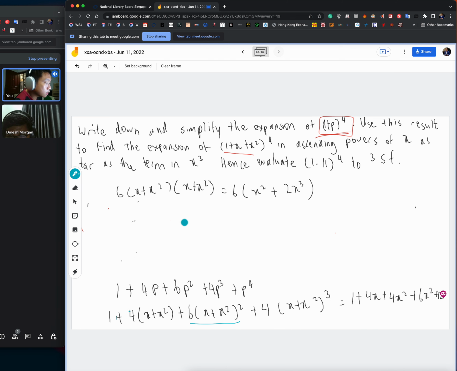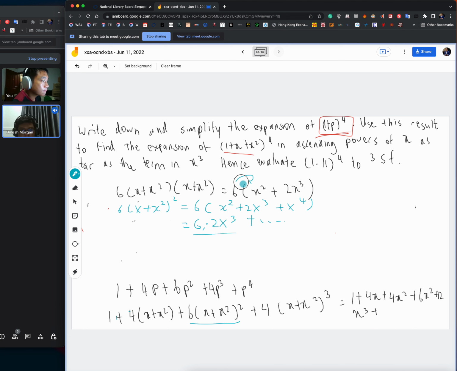Okay, hold on, I'm sorry. So for this one, to the power of square, right? It is 2x cubed, x to the power 4, then you care about the x cubed, then it should be x in 2 times. It should be this one. Yep, you just pick this up, right? The rest is dot dot dot right there. Yeah, okay.